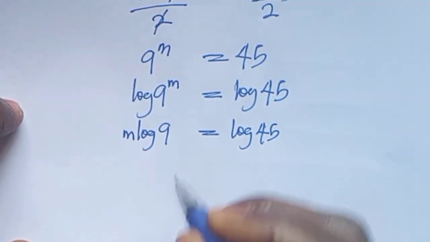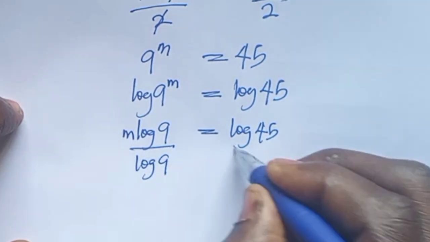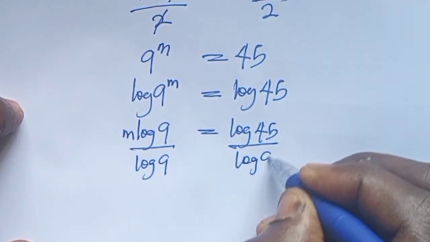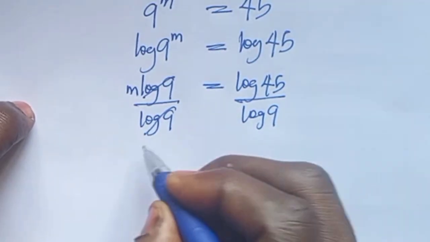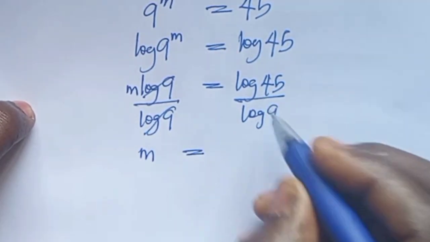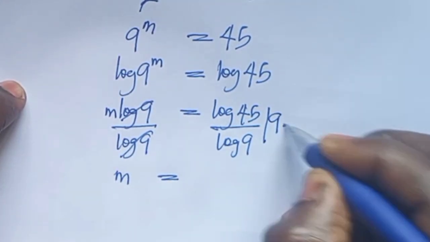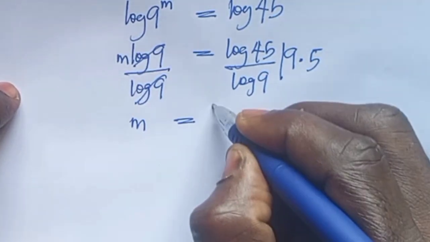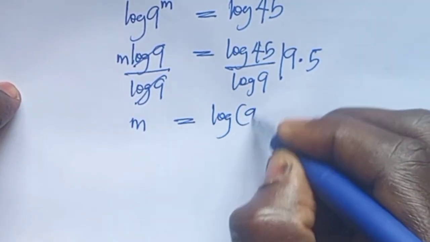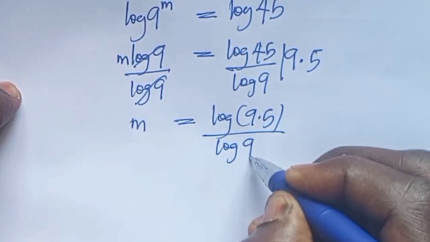Again, we're going to divide both sides by log 9, the coefficient of m, so that when log 9 cancels log 9, what is left will be m equals to log 45 over log 9. 45 can be written as 9 times 5, so that the next line becomes log of 9 times 5 all over log 9.